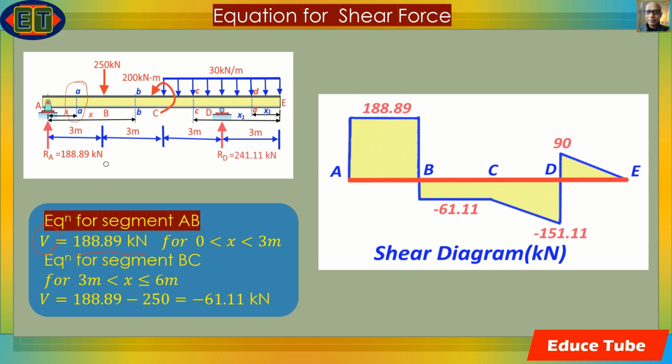And another thing: at point A, shear increases abruptly from 0 to 188.89 kilonewtons, because before it was zero, and right now we got shear 188.89 kilonewtons. So here a vertical line is drawn from 0 to 188.89 on the shear diagram.